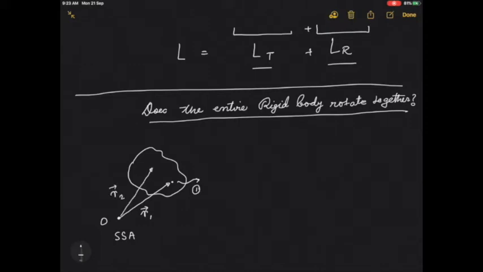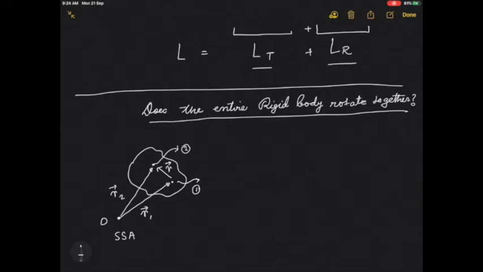So this is point 1, and I have another vector which goes to some other arbitrary point 2. These two points can be any two points in the rigid body, preferably not the same point. And I call the vector which goes from R1 to R2 small r.